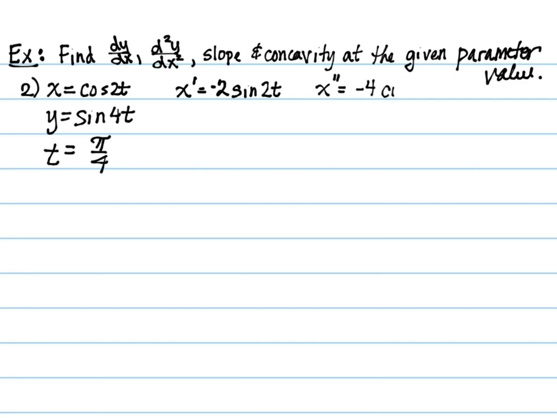Negative 4 cosine 2t. Now let's do it for y. What's the derivative for y? 4 cosine 4t. And then the second derivative for y? Negative 16 sine 4t.